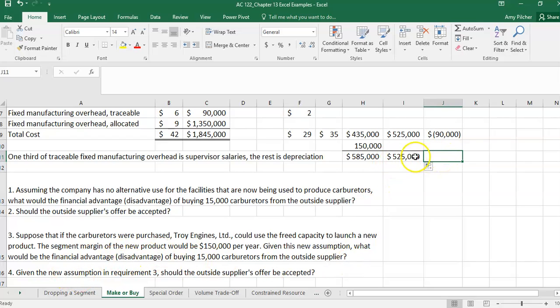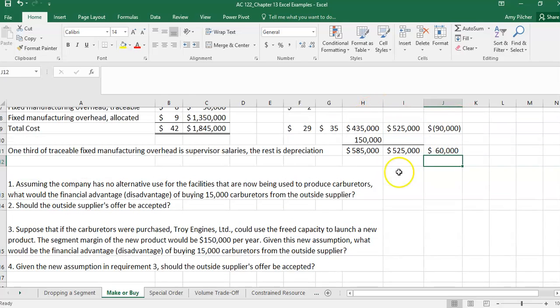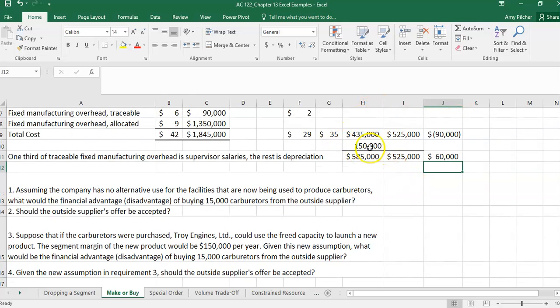So the advantage to buying them is $60,000. Given that assumption, should the outside supplier's offer be accepted? In that case, yes, it should be accepted because we are going to have that opportunity of $150,000 that covers part of the purchase price to the outside supplier.